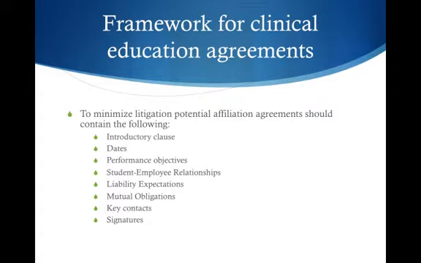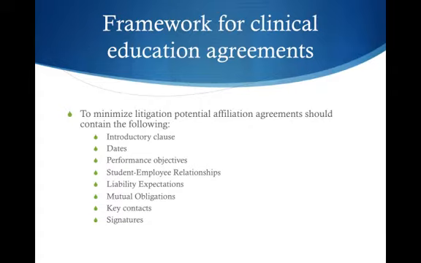Affiliation agreements should provide measurable, student achievement-based objectives. For student-employee relationships, you should clearly define what the student and employee relationship should be. Mutual obligations generally address any obligations of the educational institution to the student and to cooperating clinical sites, as well as obligations of the clinical sites to the students and to the educational institution.